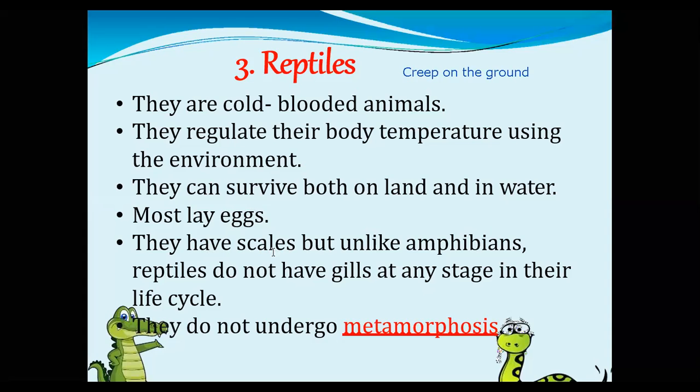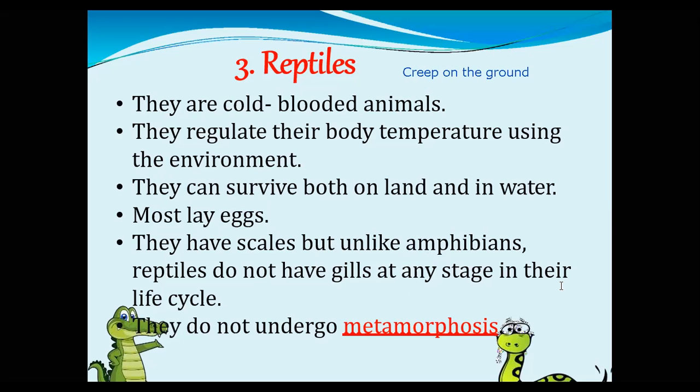Their body has scales, but they are different from amphibians, and they do not have gills. Reptiles do not have gills at any stage in their life cycle. Fishes have gills their whole lifetime.